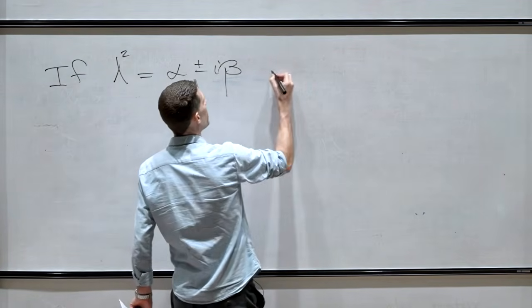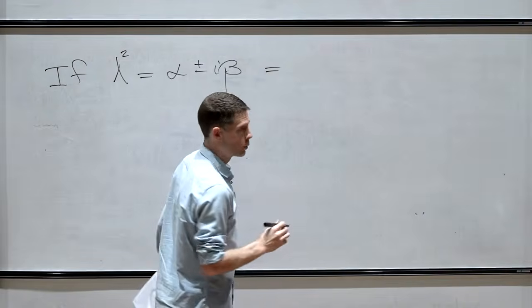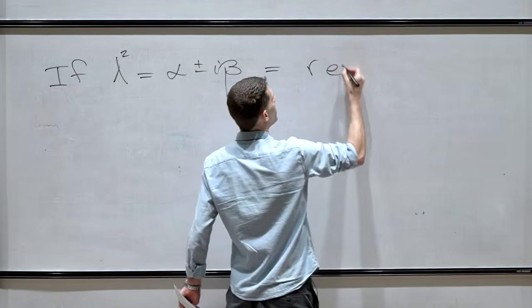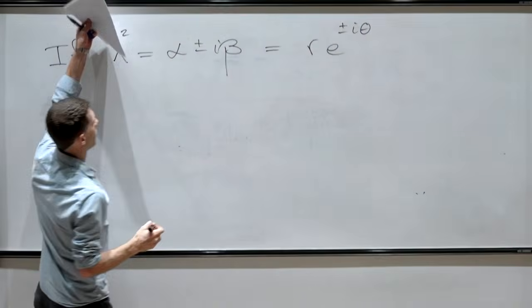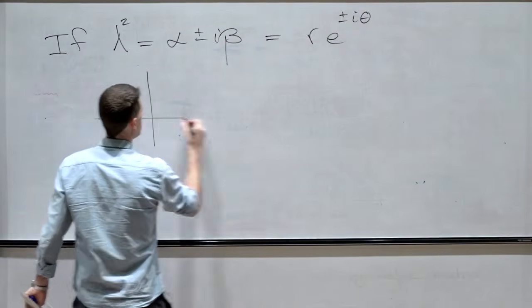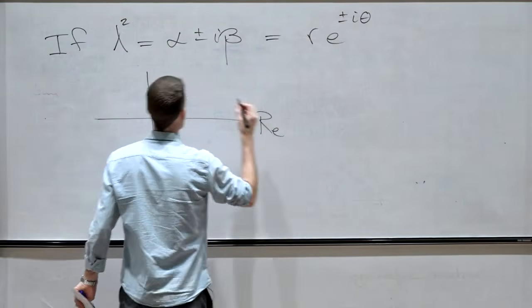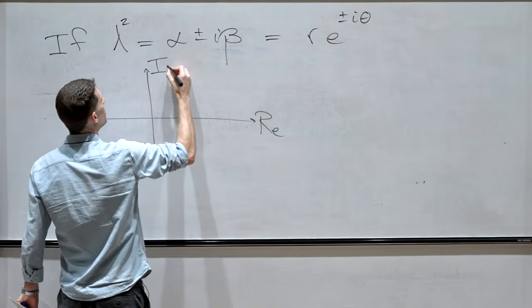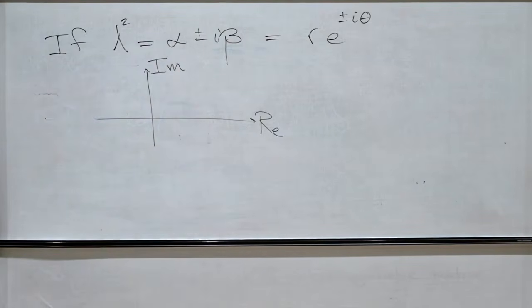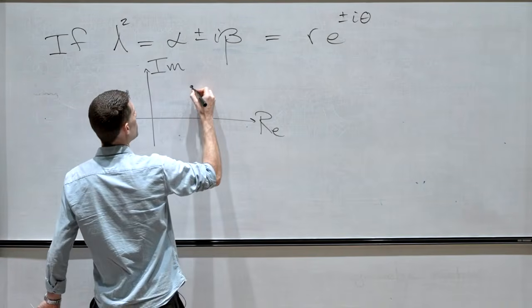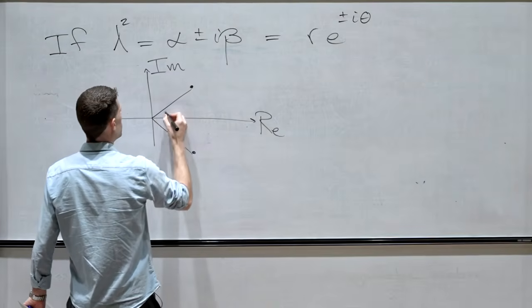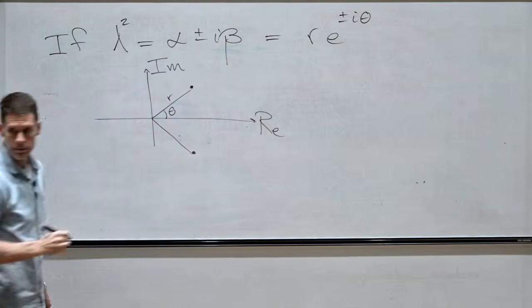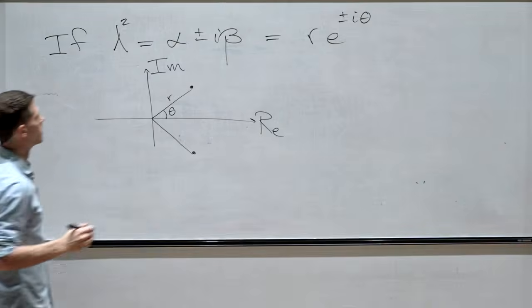The way to think about that is to write it in polar form, so that would be like r e to the plus or minus i theta. If I were to draw that in a real imaginary axis, there's my theta, there's my r, there's my complex conjugate.